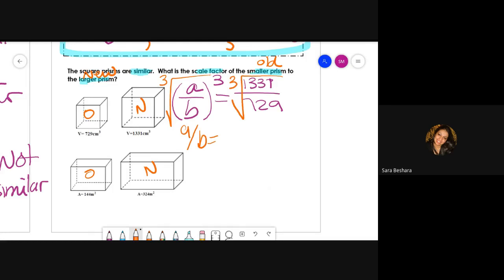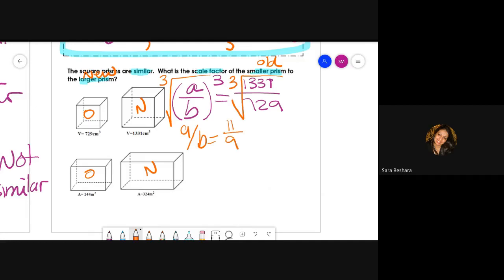I would enter 1331, and instead of the division key, use the fraction key, 729, and then don't press enter or anything. You have to do second, and the cube root. I don't know what it is on your calculator, but it should show in green above something, okay? The cube root should be above something. So once you do that, you get 11 over 9.